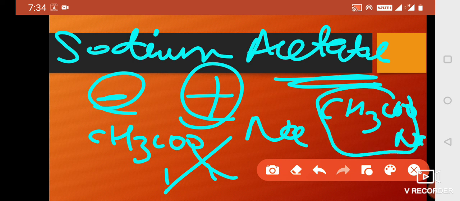So this is the formula of sodium acetate. Please make a note of this point. Whenever we find acetate, we write the anion first and then the cation, and for the rest we write the cation first and then the anion. For same valencies we cancel the valencies.